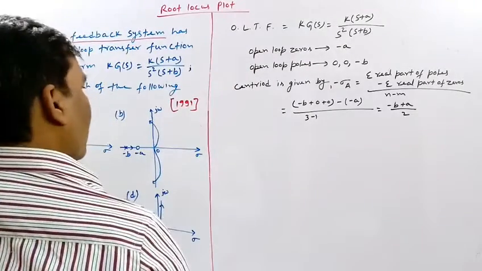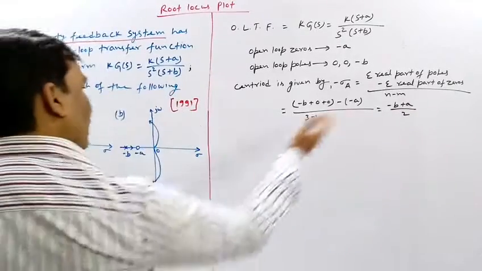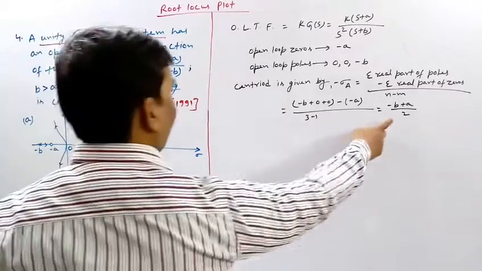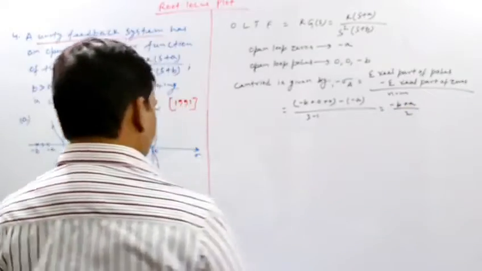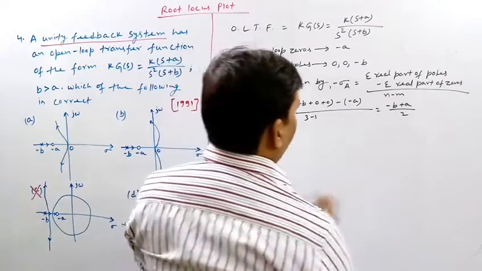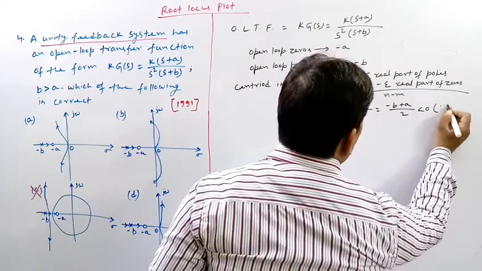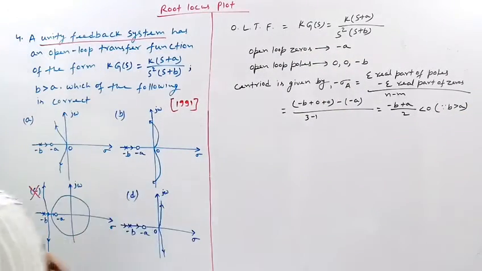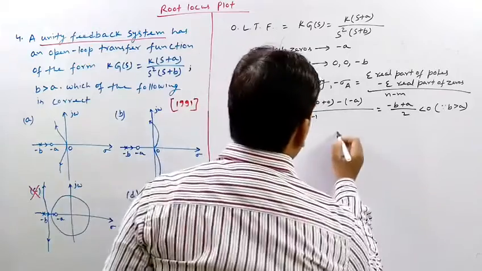So the centroid must lie on the real axis in the left half, because b is greater than a, and hence it is less than 0. So if we draw the root locus, it will be like this.